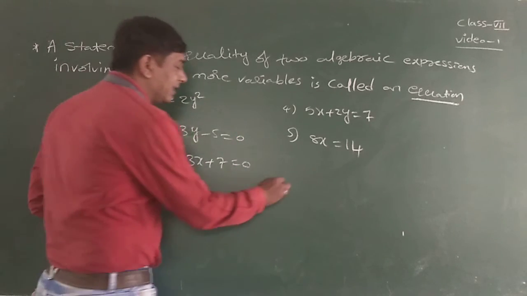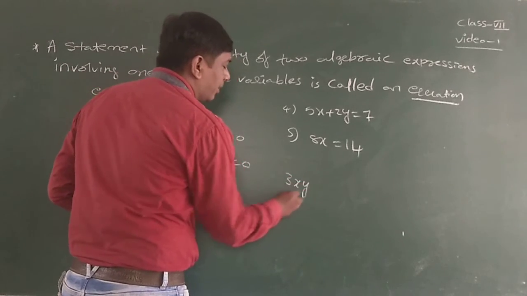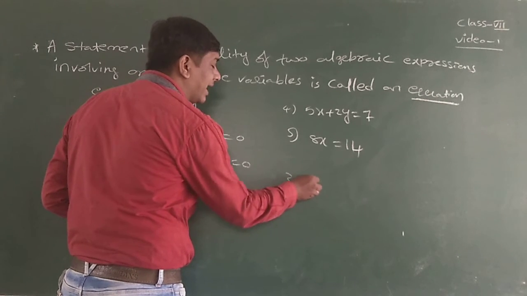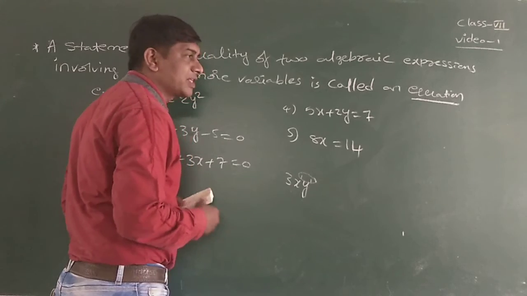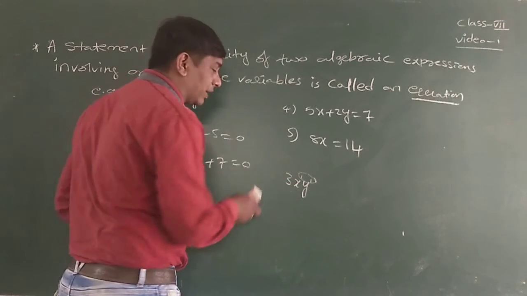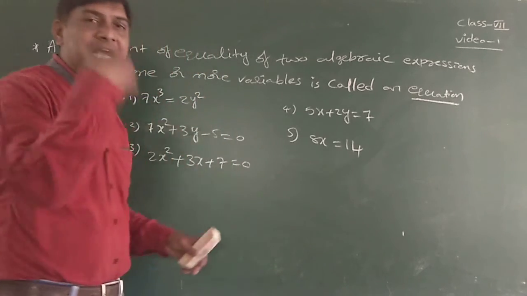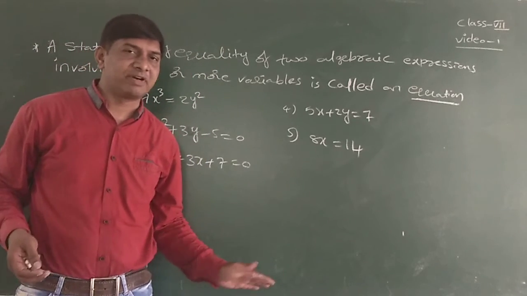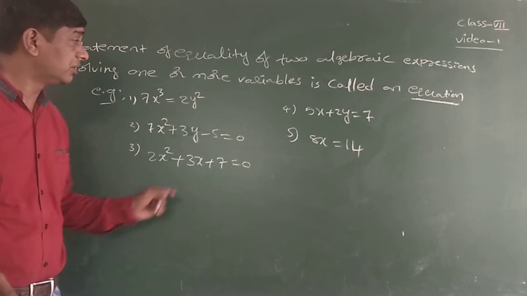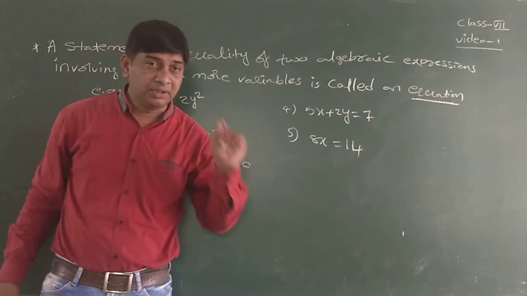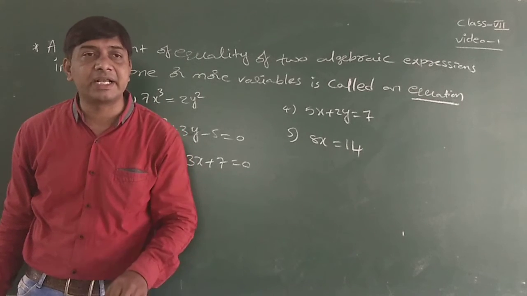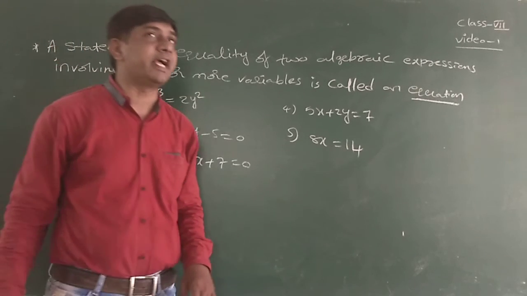Sometimes you may find something like 3xy, where x and y, two variables, have a product between them, so we have to add these exponents. 1 plus 1 is 2. 2 is the degree of this one. Okay, you learned all of that in algebraic expressions. Now, an equation whose degree is 1 is called a linear equation.